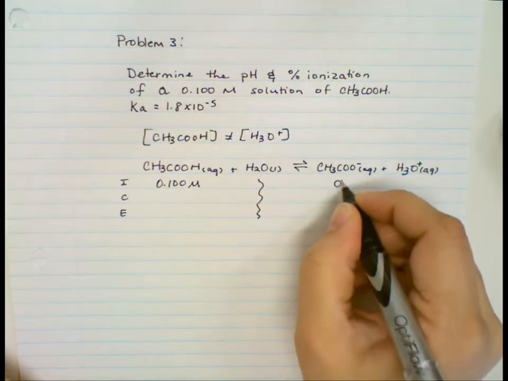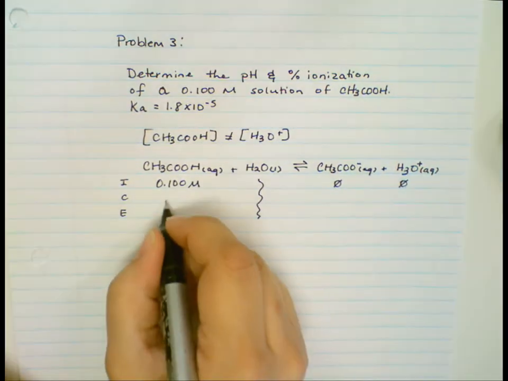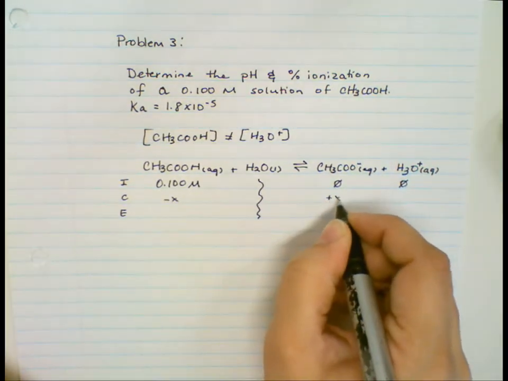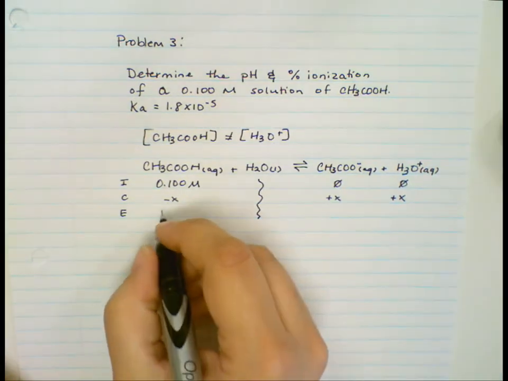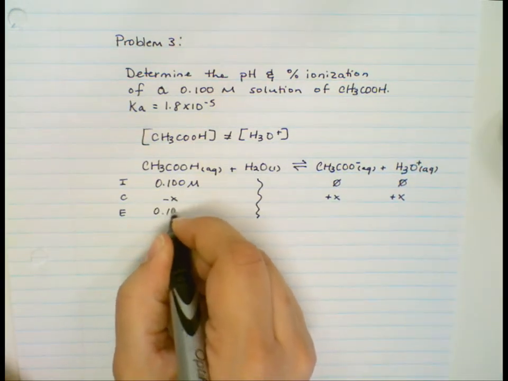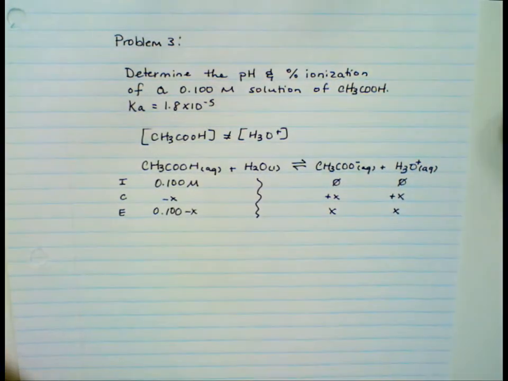These will be zeros, because we're going to know that initially there's none of the acetate ion present and none of the hydronium ion present, and we're going to calculate how much there is at equilibrium. So this is great because acid and base equilibriums are usually 1-to-1 molar relationships, particularly when we talk about acids.